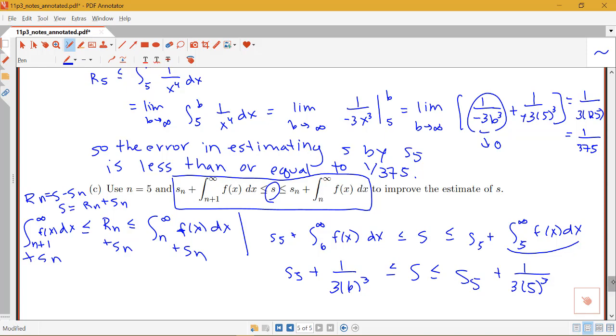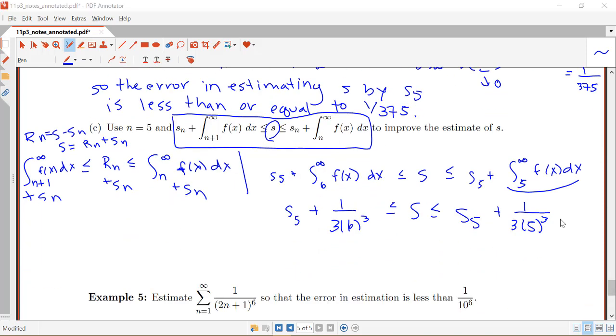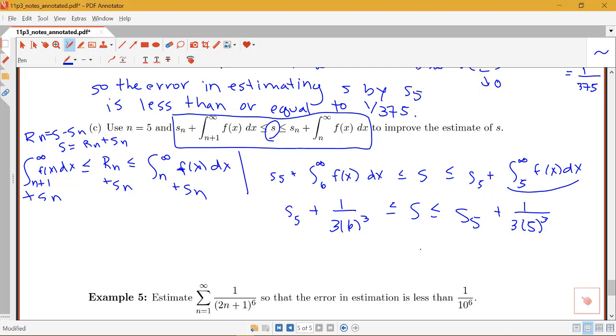Using our estimate and a calculator, we can now say the value of our sum is between 1.081895 and 1.083019.